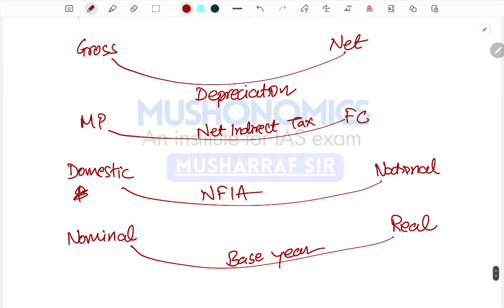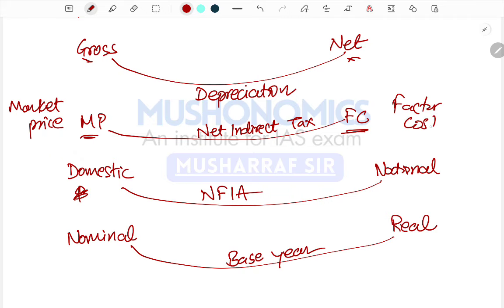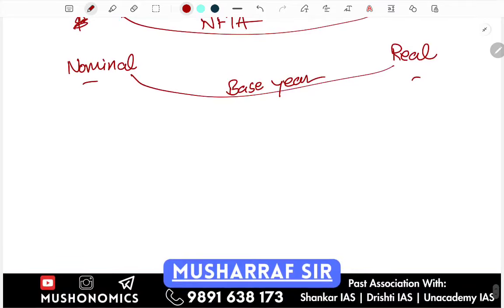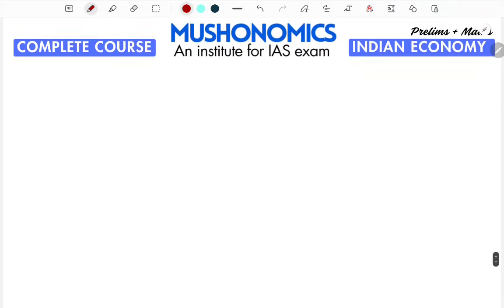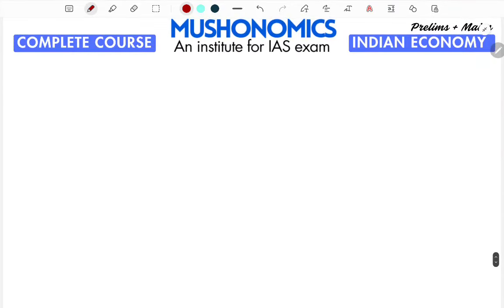Now these are the concepts: gross, net, market price, factor cost, domestic, national, and nominal and real. On the basis of these things, we get so many variants of GDP or national income.